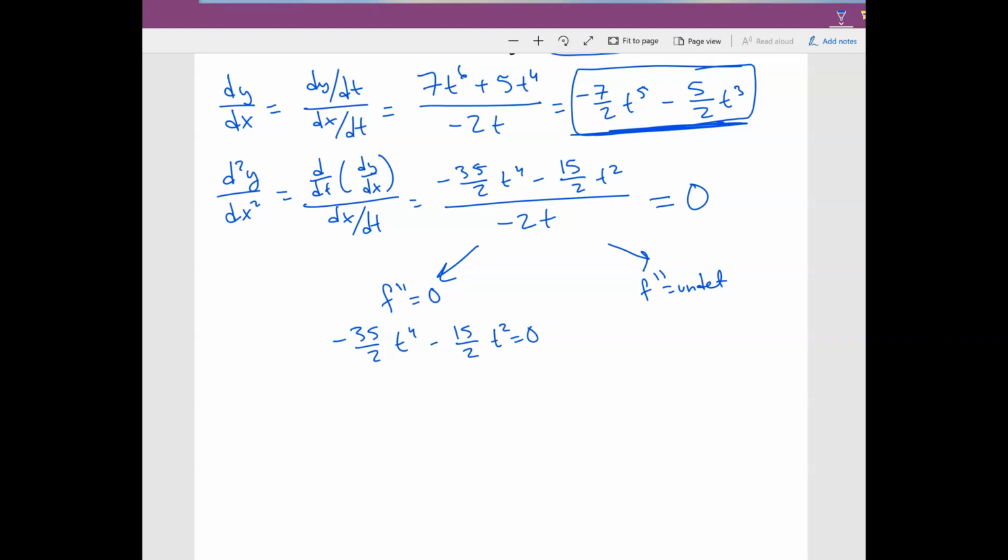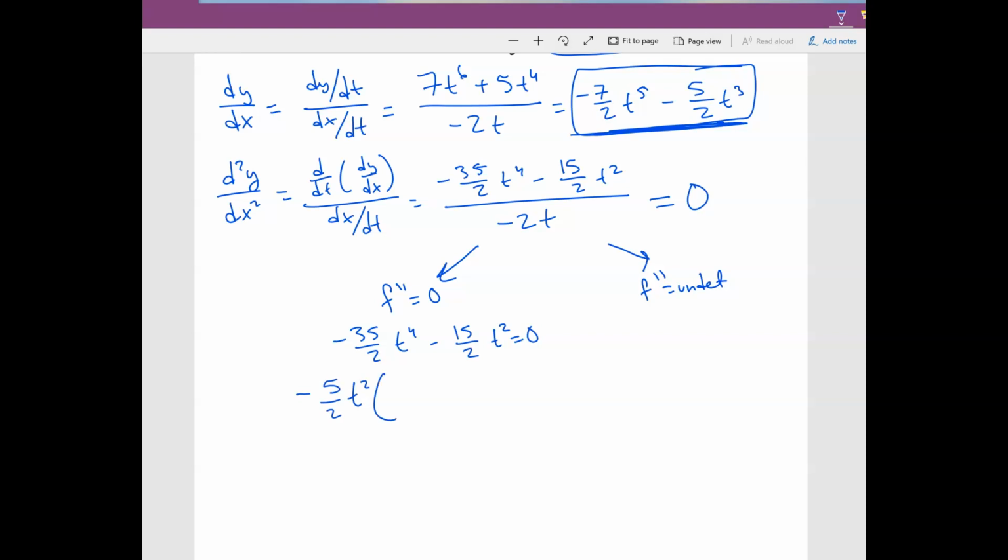Here we can factor out a t squared, and then we can factor out a negative. What else can we factor out? We can also factor out an over 2, and then we can also factor out a 5.